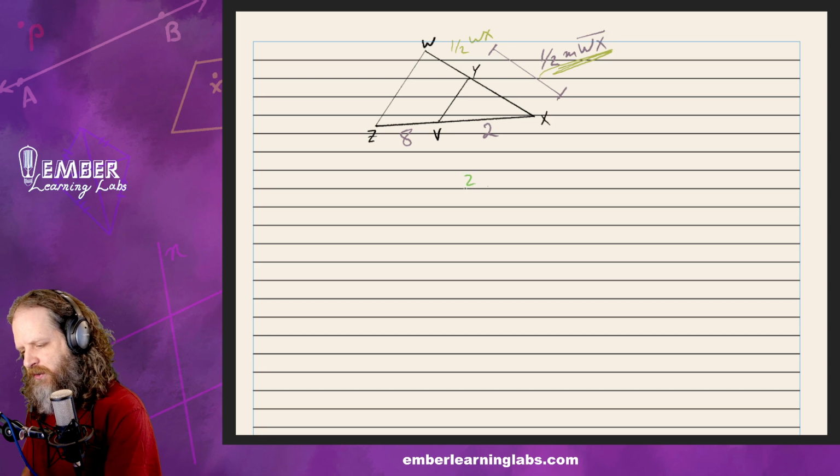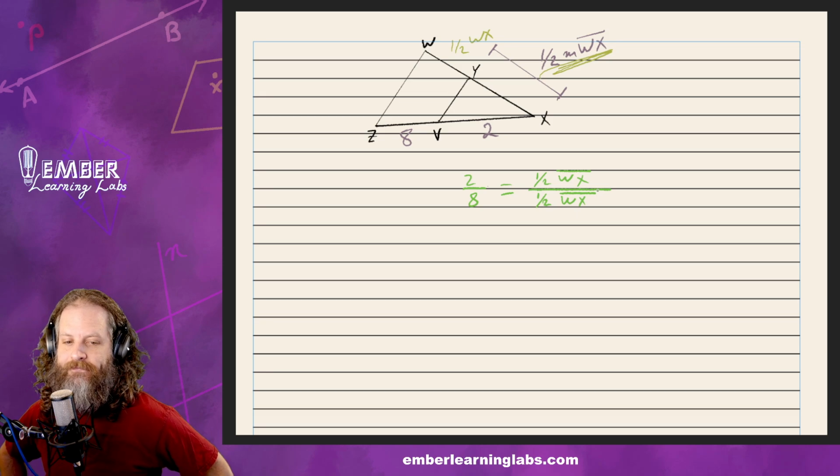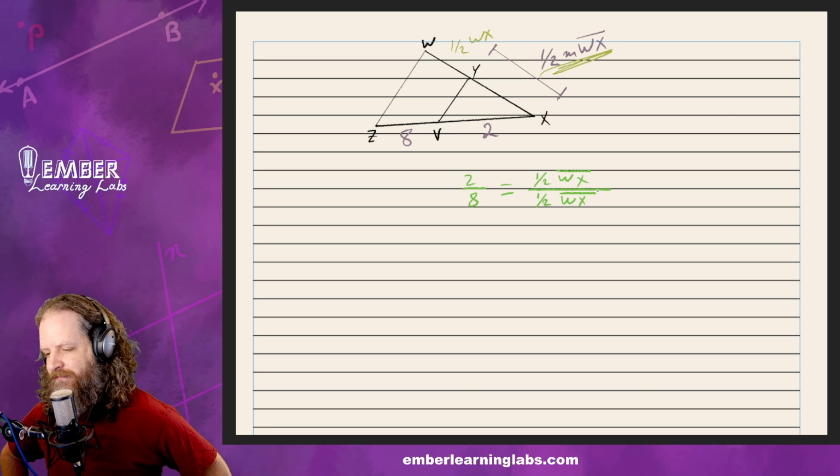So 2 to 8 should be proportional to 1/2 of WX to 1/2 of WX. Right? Okay, so what now?